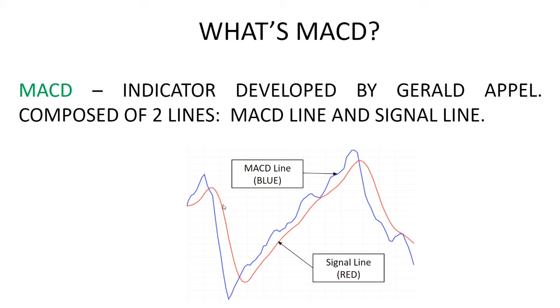Whenever the red line crosses the blue line from the bottom up, we have a signal to enter a buy trade, so for price increase. And whenever the blue line, the MACD line, crosses the red signal line from top to bottom, we have a signal to enter a sell trade, so for price decline.